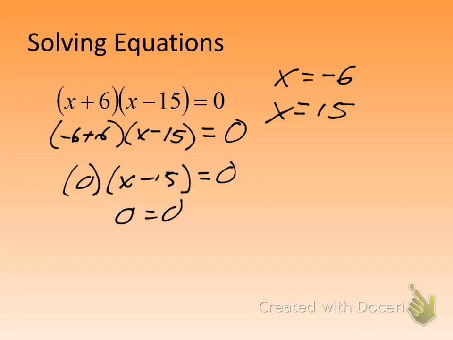Multiplication. Now, those of you that foiled, when you did x times x, what did you get? X squared. That exponent of 2 is the reason why you have 2 answers. Because of that multiplication.